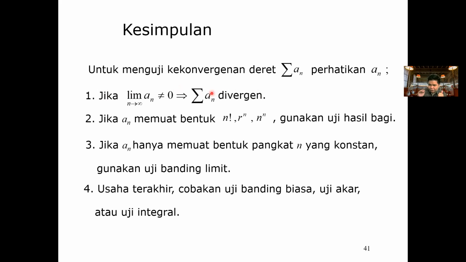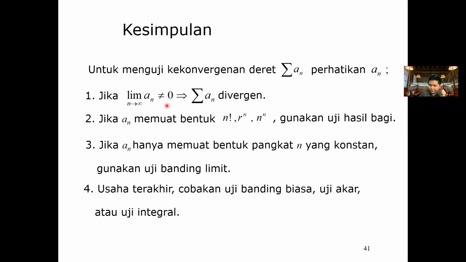The first step you should check, if you are given a question, is from 1 to 4 as listed here. The first one: check whether the limit is not zero.